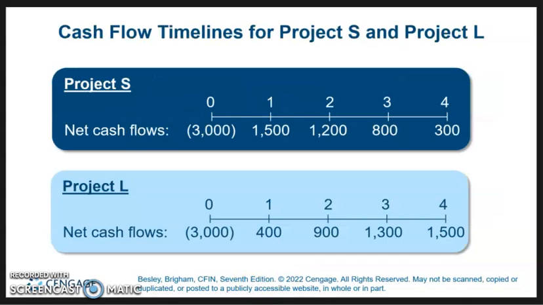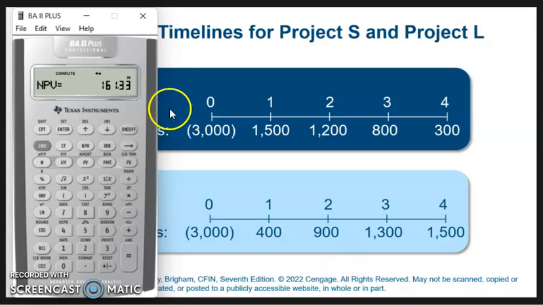So the project L cash flows, and I'll bring up the calculator. So clear. All right. Second cash flow, second clear. We could leave the $3,000 in there, but it's best just to clear it out every time.